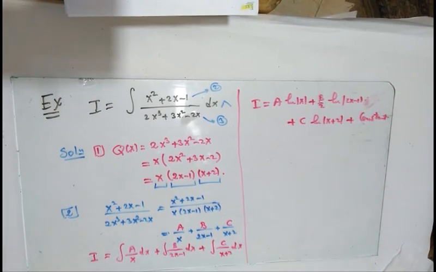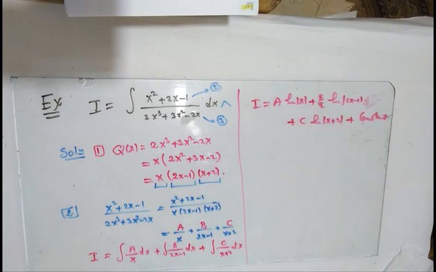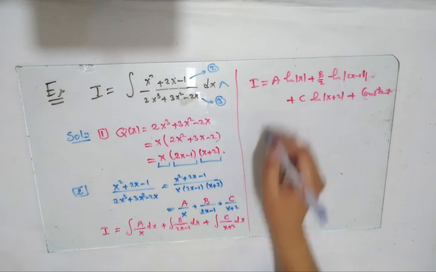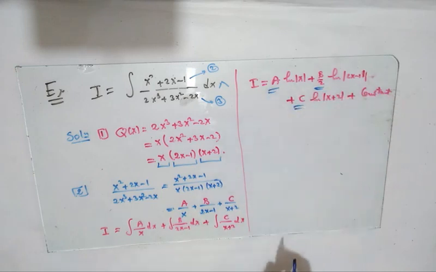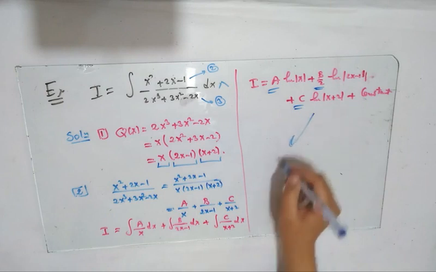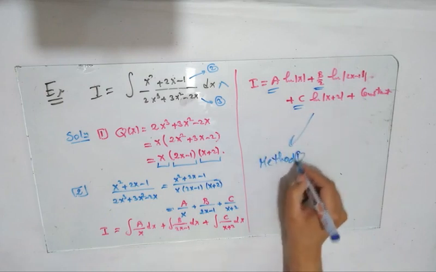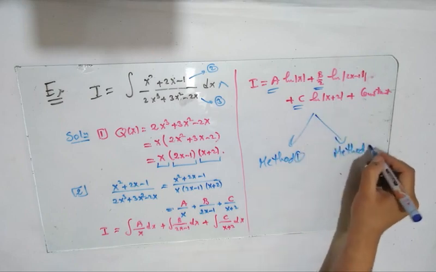Okay? So the problem of the integration is done, but it remains for us to calculate what a and b and c are. And actually we're going to do that in two ways. So method 1 and method 2.